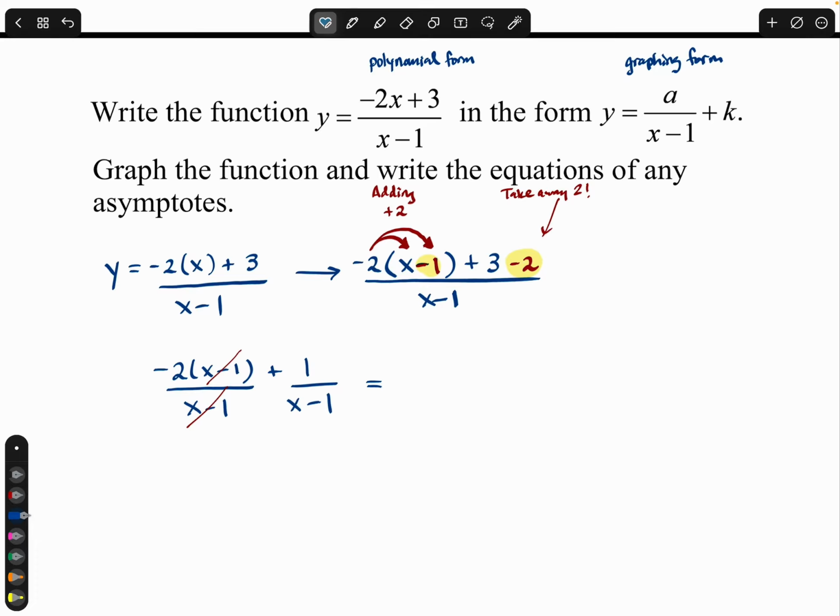So what we have here is negative 2 plus the quantity 1 over the quantity (x minus 1). If you want to rewrite it in the other order, that sometimes is helpful. Our locator point is going to be at the point (1, -2). That's where our asymptotes are going to cross, and it's just got standard growth. Let's go ahead and graph it.